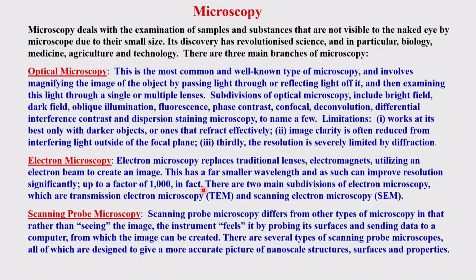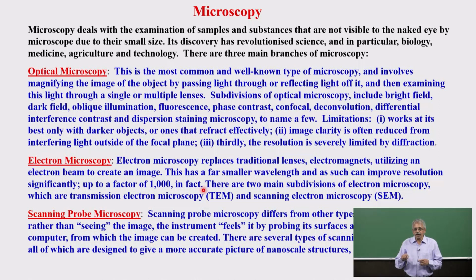In optical microscopy you have the usual optical lenses, whereas for electrons, because electrons are charged and are affected by magnetic fields, you need magnetically controlled lenses that take care of the charge as well as the magnetic field. These bring additional magnification of another 1000-fold compared to the usual light magnification.